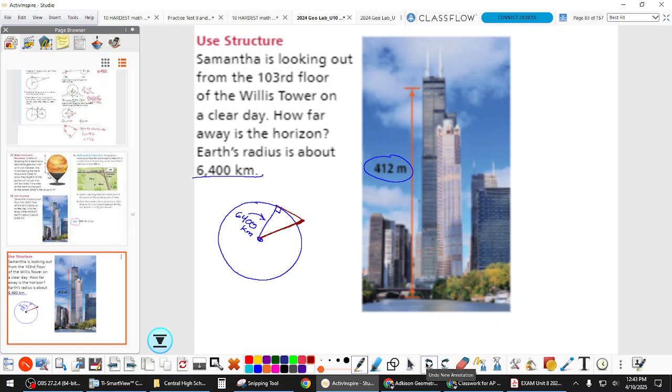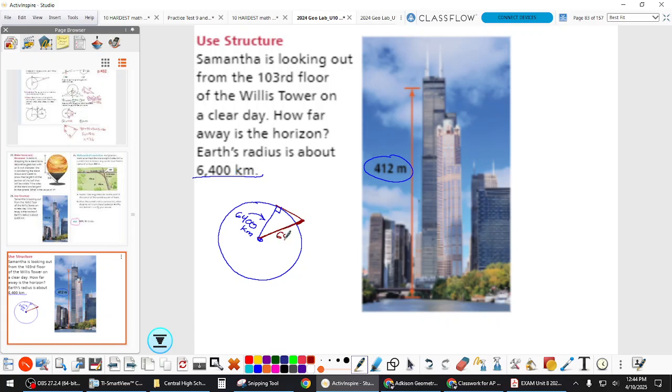Right? So, again, we can't put 6,404 or 6,800 because those are different units. So, do you want to work in kilometers or meters? You need to decide that. I already wrote this one in kilometers, so I would stick with that myself, but you're welcome to switch.